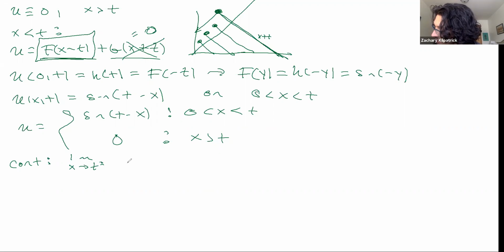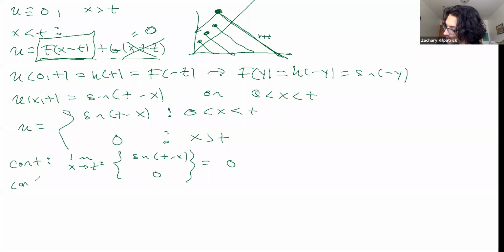It's going to be the limit that you take of sine of t minus x, or 0. And that's always going to be 0, because sine of 0 is 0 and 0 is always 0, okay?